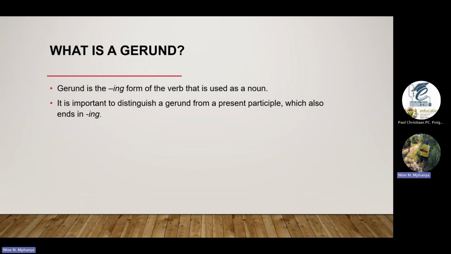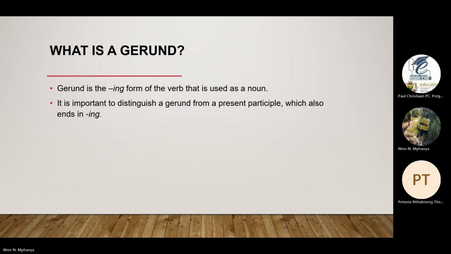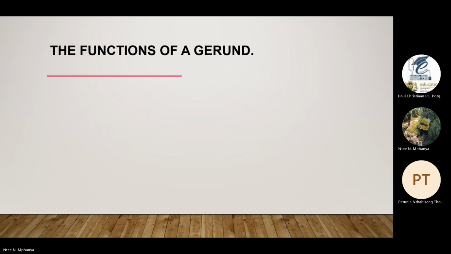Why is it important? It is important that we distinguish a gerund from a present participle, which also ends in the suffix ing. Don't confuse the present participle with a gerund. That will only happen if we know the functions of a gerund.